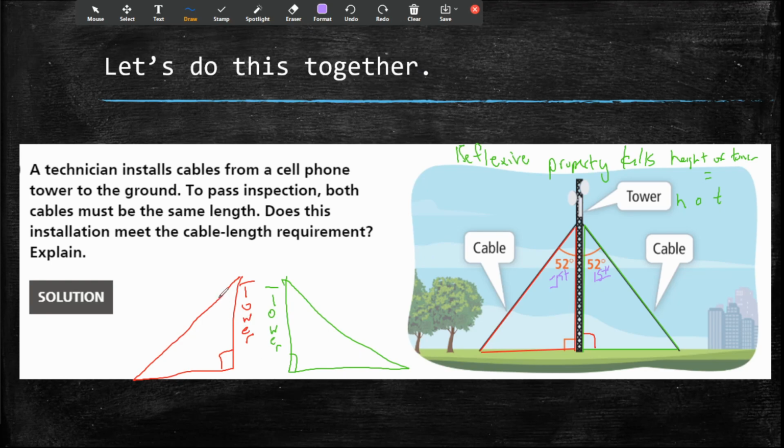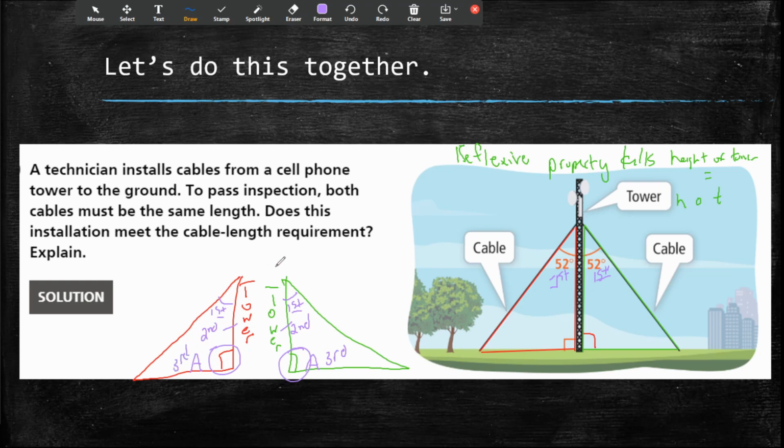We know that this was our first, right? Because those are both 52 degrees. And now we know these are the same. This is our second, because the side lengths are congruent. And then these 90-degree angles are third.